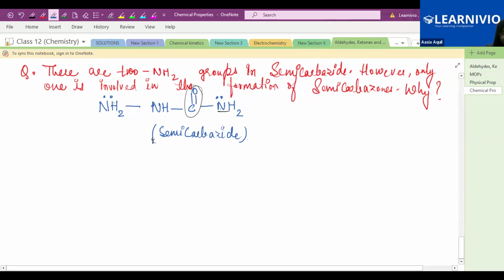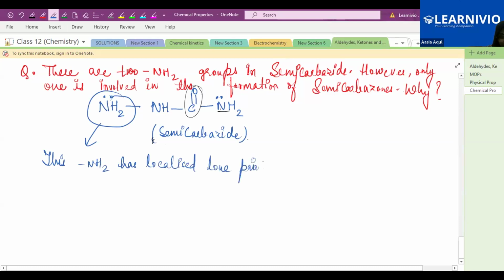Okay, so now you can just write down the reason. What I said: this NH2 has a localized lone pair, which is free for the reaction, so it attacks the carbonyl carbon. But what about this one?